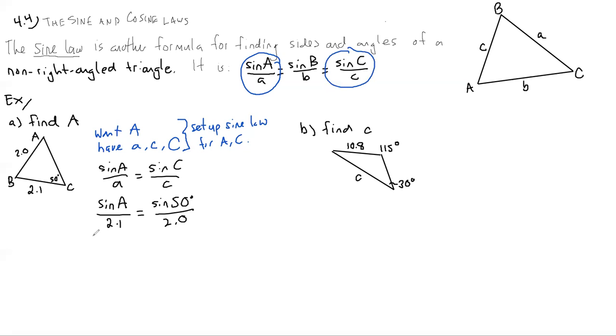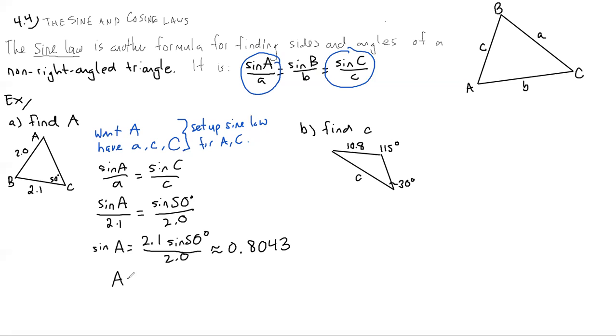And so I'm going to isolate sine A. You can work out the right side. I do recommend just putting the 2.1 over to the top and doing this as one big nice calculation. And so if I plug this thing into the calculator, 2.1 sine 50 divided by 2, I get 0.8043.